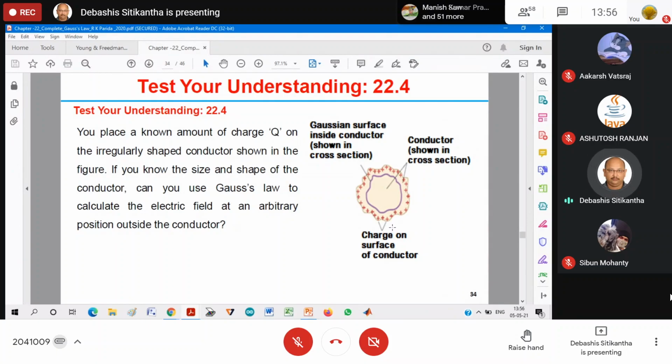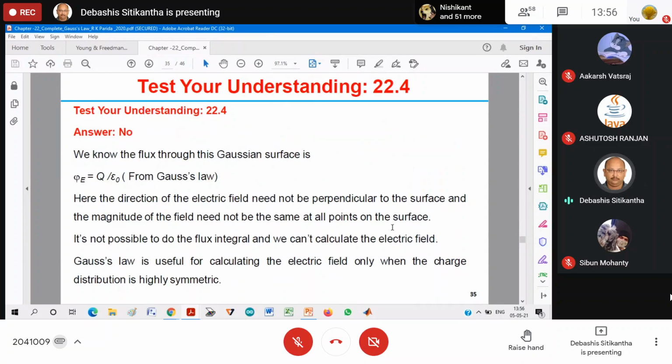If it is a circle, it is a two-dimensional thing, and over there you can very easily apply Gauss law, because in that case regularity is maintained and symmetry does exist. But in this case, the cross-sectional area is irregular, so you cannot apply Gauss law. That is the thing we have written over here.